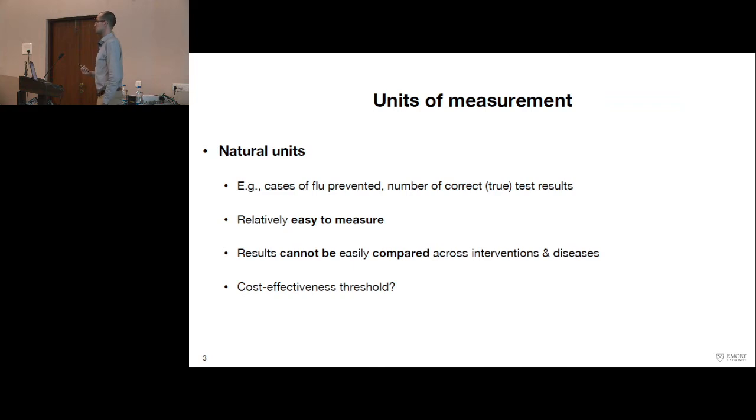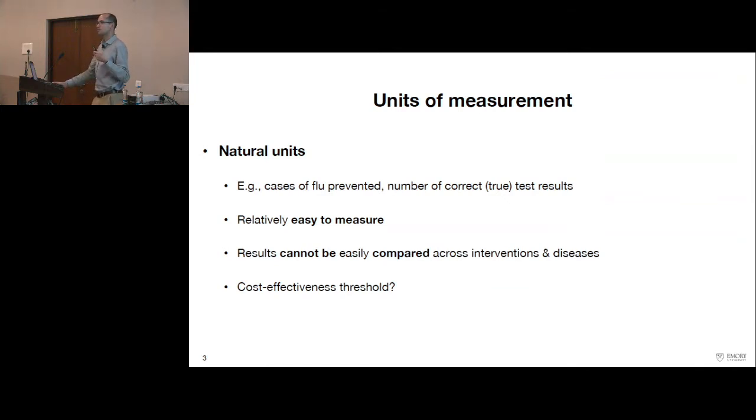But the thing is, let's say you do the analysis using natural units, and you find that the ICER is 100 rupees per case of flu averted. That seems like a good deal, but do we know that? What if it's 10,000 rupees per flu case averted? What if it's 100,000?